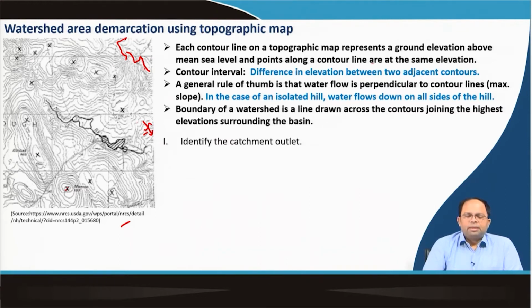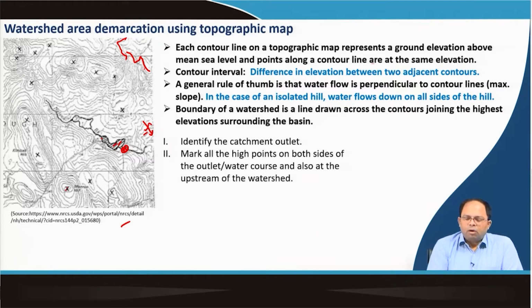So, the first step in watershed area demarcation using a topographic map is to identify the catchment outlet. In this particular case, we already have some water body over here, and we assume that this is going to be our catchment outlet. This is the first step in determining our watershed. Next is to mark all the high points on both sides of the outlet water course and also at the upstream of the watershed.